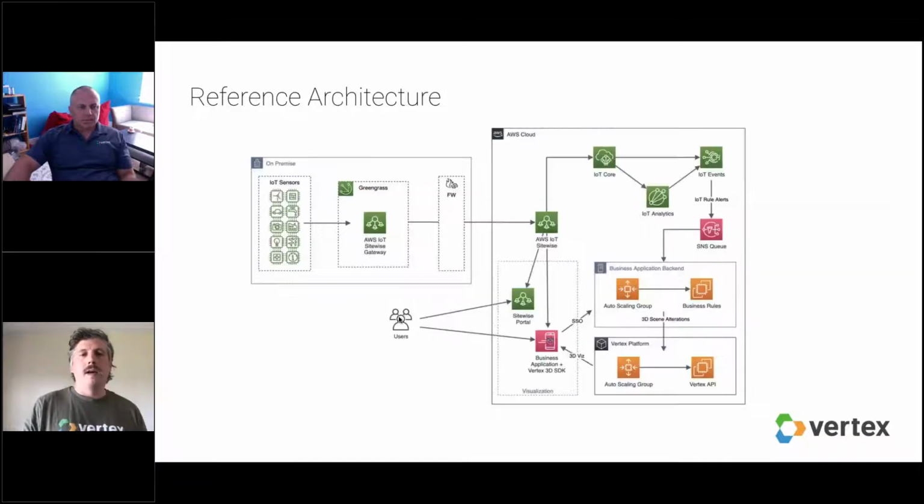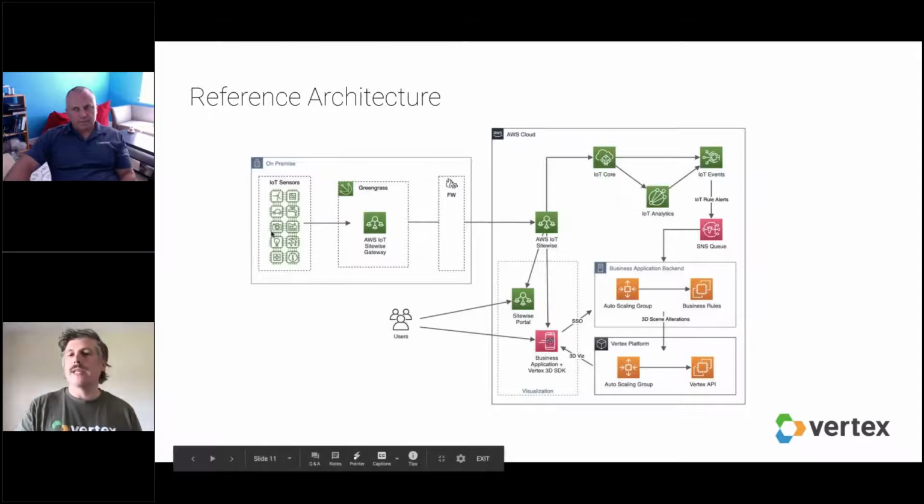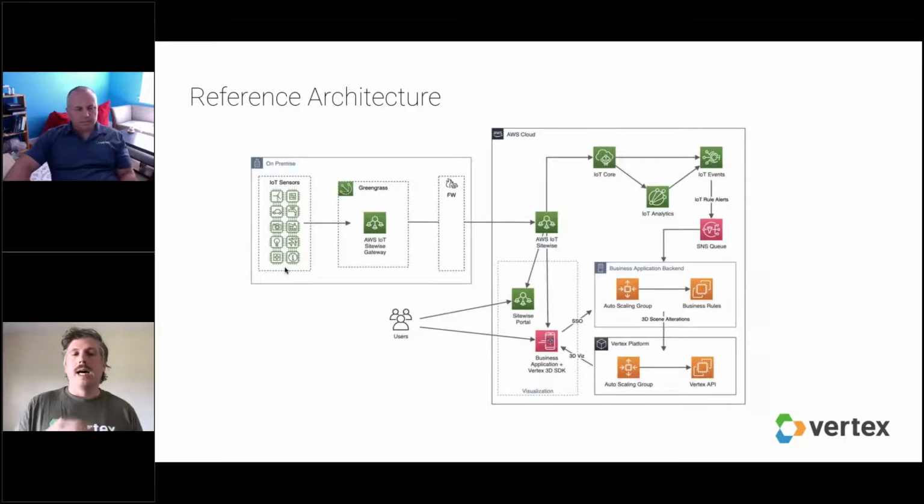And so with that, I don't want to get too technical in this webinar, but here's a reference architecture for what you're about to see today. We have some IoT sensors coming off of various wind turbines in a wind farm. Using AWS, you can ingest all that sensor data, pull that into Sitewise and some of the other services that AWS has, like IoT Core, IoT Analytics, IoT Events, to start really building second order applications on top of all that data.